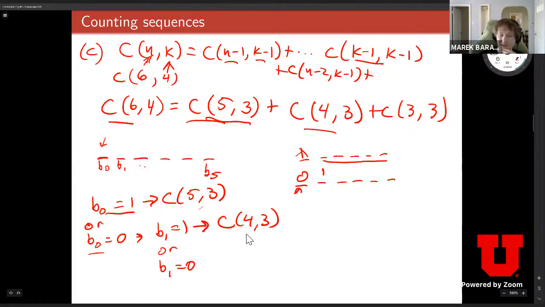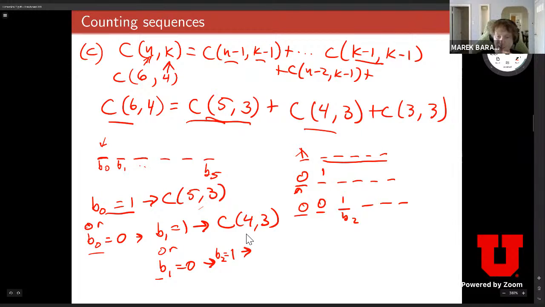And if B1 is 0, so we now have 0, 0, then B2 is 1.